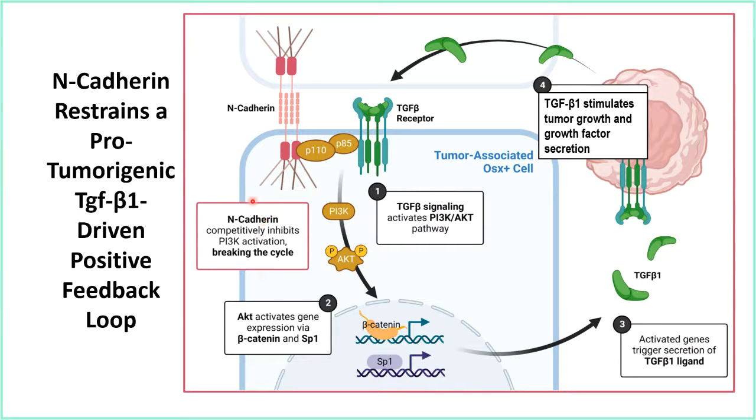And N-cadherin works as a brake to this system. In this case, shown here by sequestering a key component of the kinase system activated by TGF-β. But again, there are certainly other signaling systems that are affected.